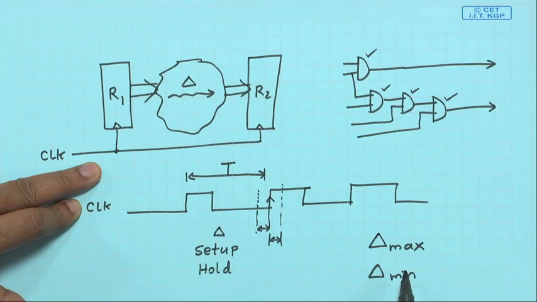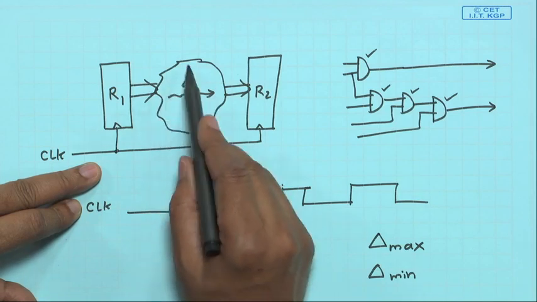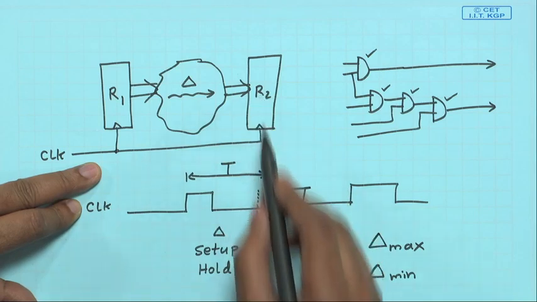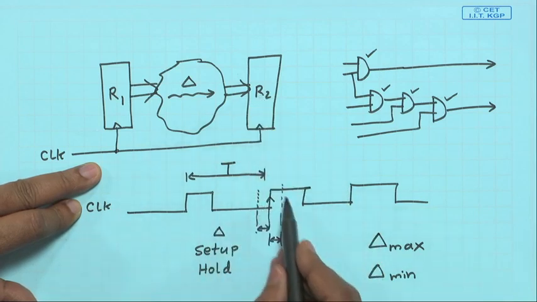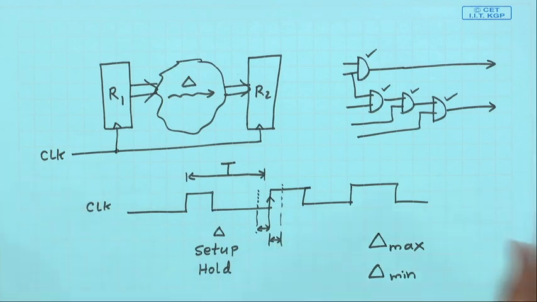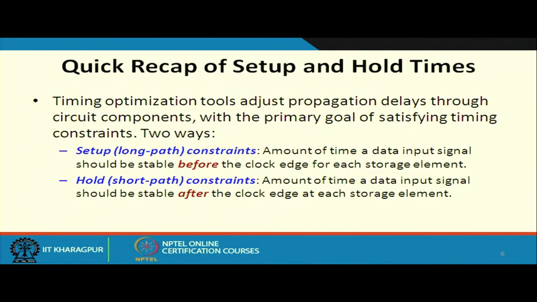And t hold says that not only that, the minimum time of this delta must also be considered, because within that same clock cycle this register may capture the new data, therefore I have to have this kind of tolerance. So that is why these setup and hold constraints are called long path and short path constraints.